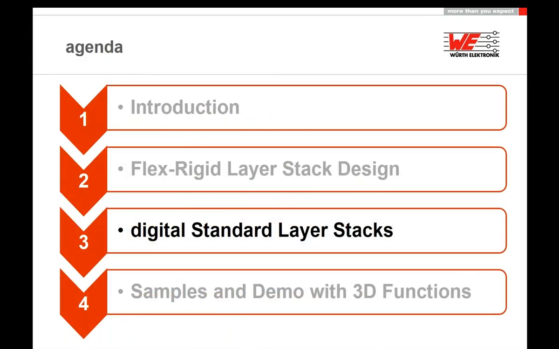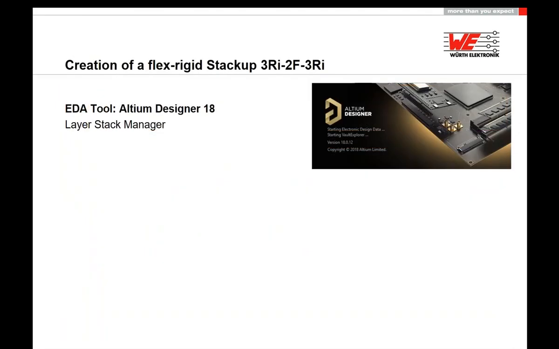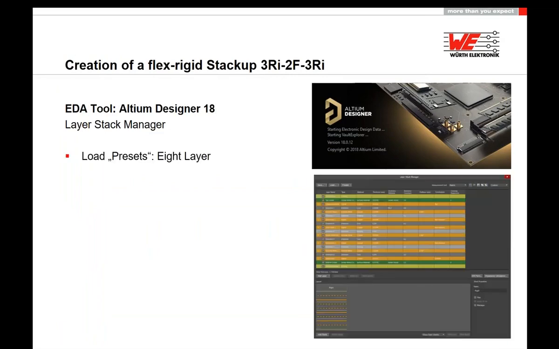The standard, as I already mentioned, is 18 micron copper on the inner layers, on TG150 material, halogen free and with fillers. For the flex material, we are using adhesiveless polyimide, and for flex outside, as you can see here, we are using flexible solder mask only in the bending area as a standard.